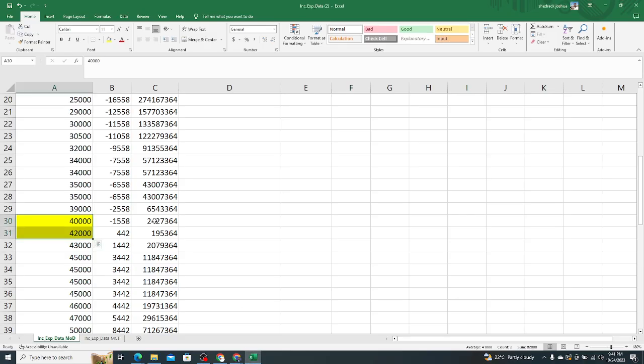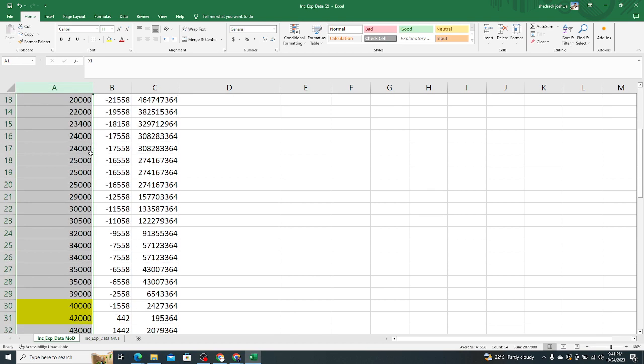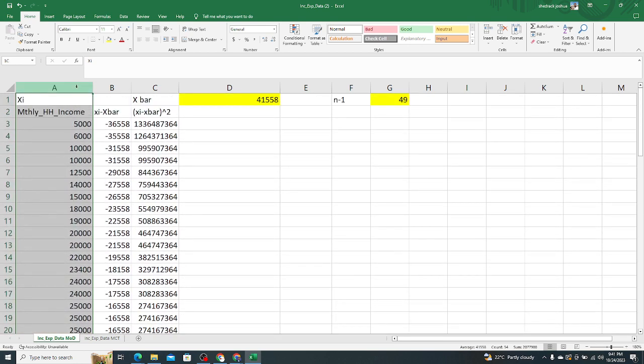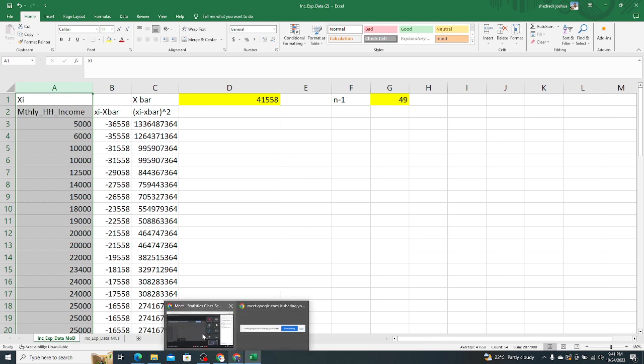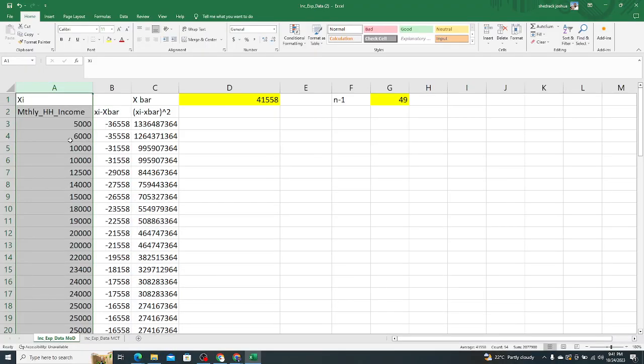Okay. Thank you. According to the nature of this data, you can see it is monthly income for each individual. Let's assume in this class, we are trying to get some insight: how is our salary distributed here?